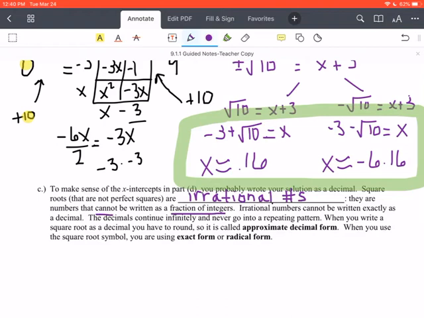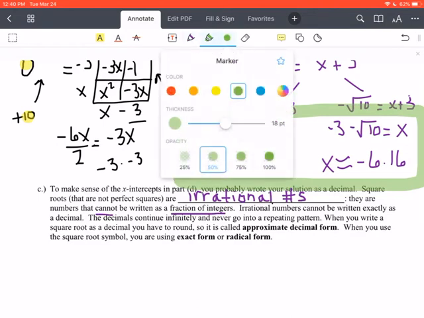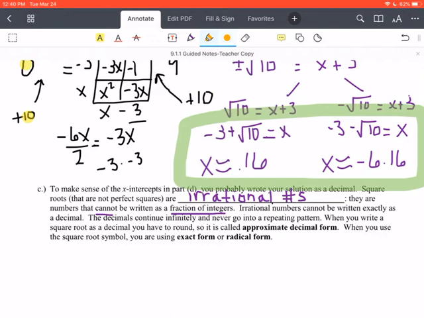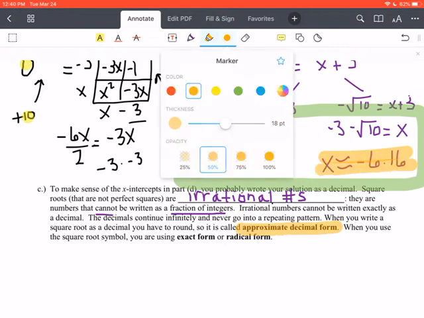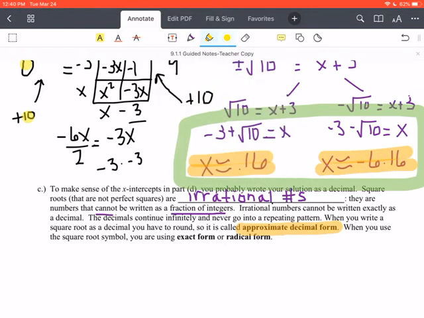When you write a square root as a decimal, we had to round. So we call this approximate form. So I'm going to go ahead and color code. Approximate decimal form is these two answers right here. On the other hand, when we use the square root symbol, that is called exact form, okay?